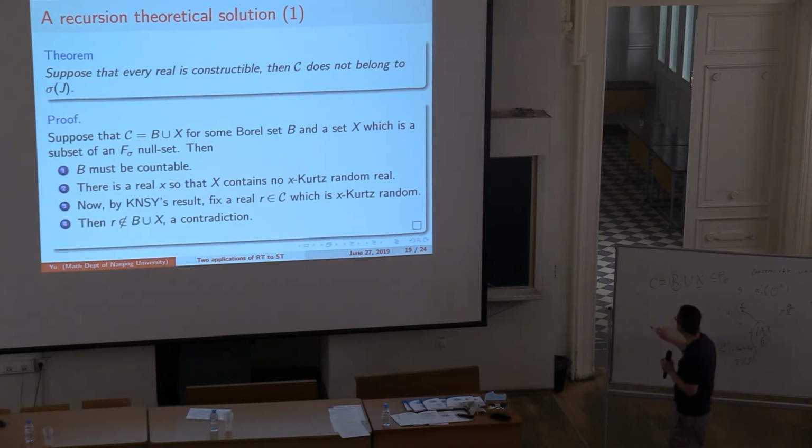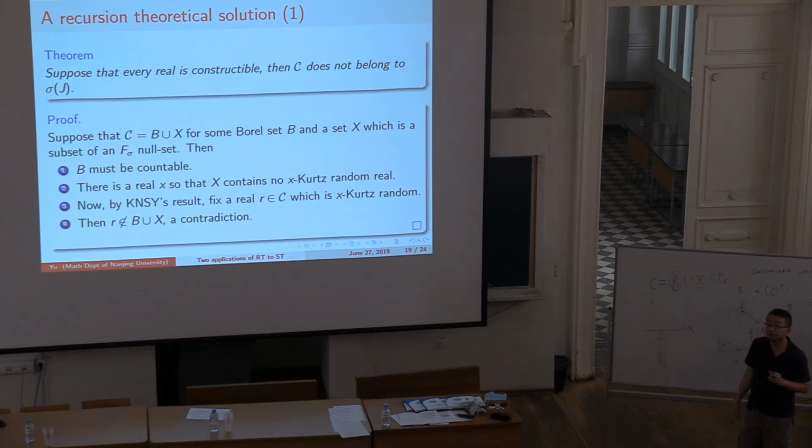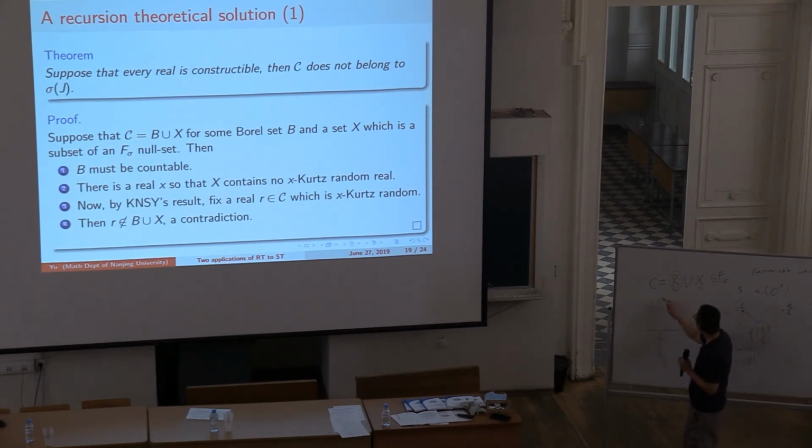It must be countable. So there's a bound, there's alpha, and every member in B must be below this L alpha, because it's countable. So then all the other things must belong to this X. So this X has a very heavy burden, and it has to bear lots of things.